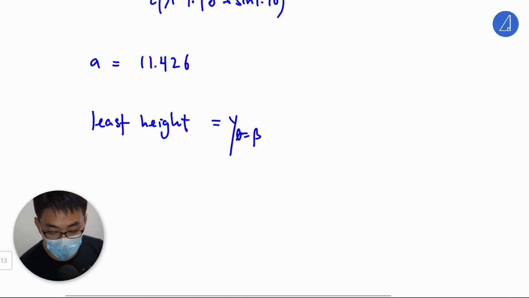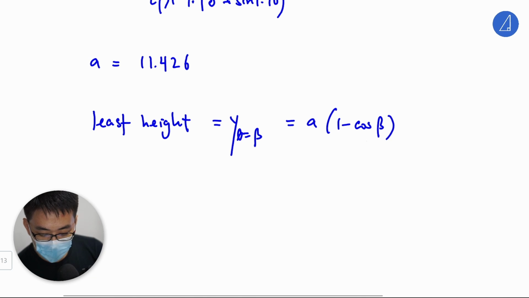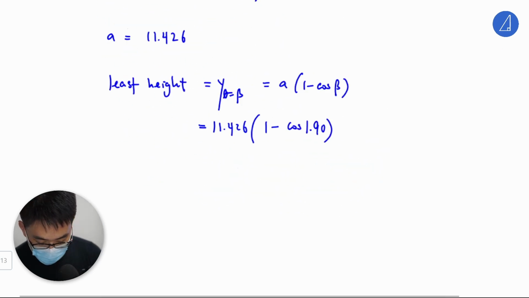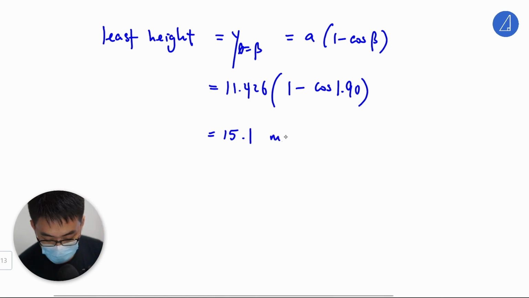From the diagram, you can see that. Then what is my y? Wait, I need to see my question here. Y will be a1 minus cosine beta. And basically I have 11.426 1 minus cosine 1.90 radian. This would be 15.1 meters.